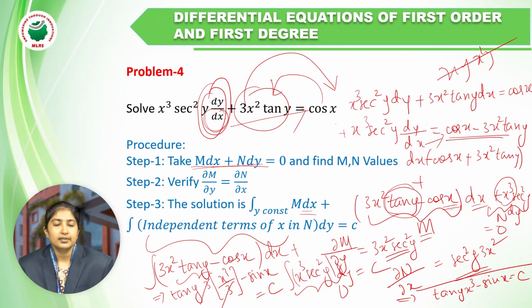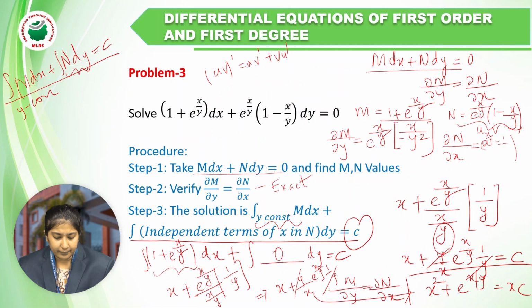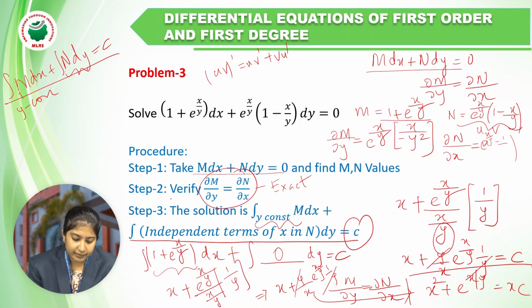In the whole process, I am just recalling once again. See, here the procedure has already been written in blue ink. Only thing you have to remember is that while finding out the exactness, you should make sure that dou M by dou y should definitely be equal to dou N by dou x, because only when this condition is satisfied can you find the solution.